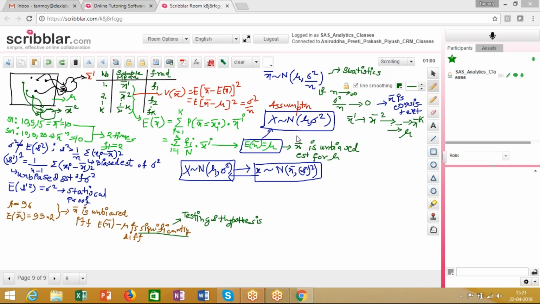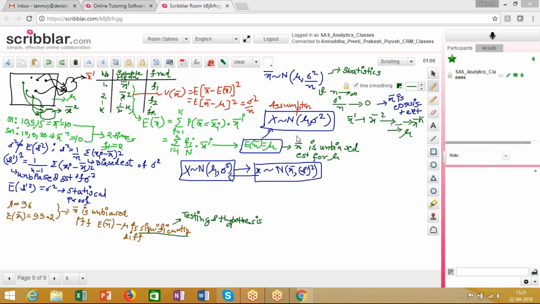Now, when I talk about testing of a hypothesis, you can understand that this hypothesis is to test whether a difference is significant or not, whether it is significantly different or not.